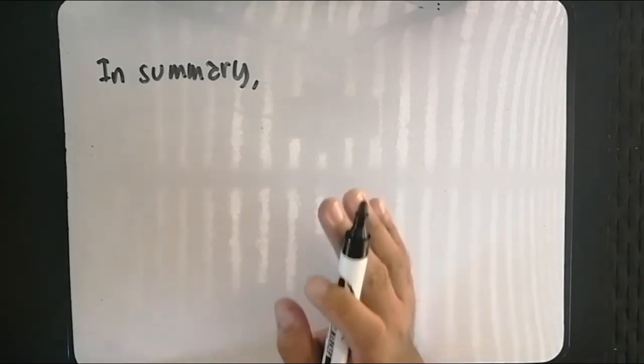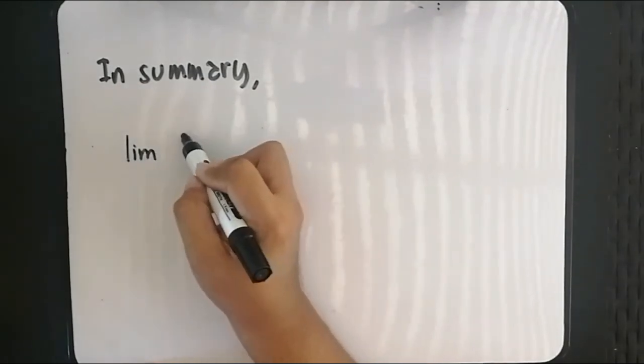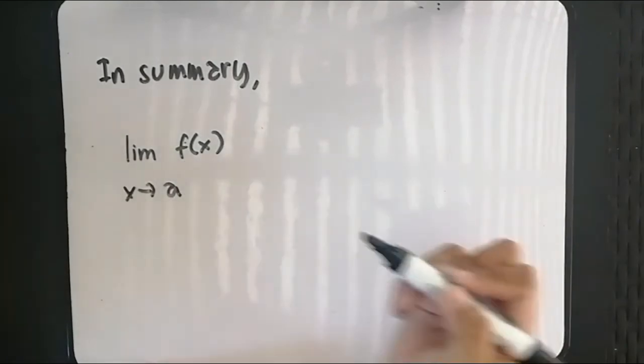So in summary, kailan natin ginagamit yung one-sided limit kapag sa greatest integer function? So ginagamit natin siya if the endpoints, let's say, limit of f of x as x approaches a, okay?